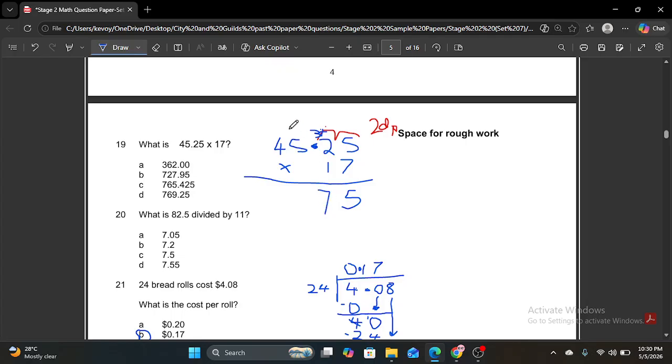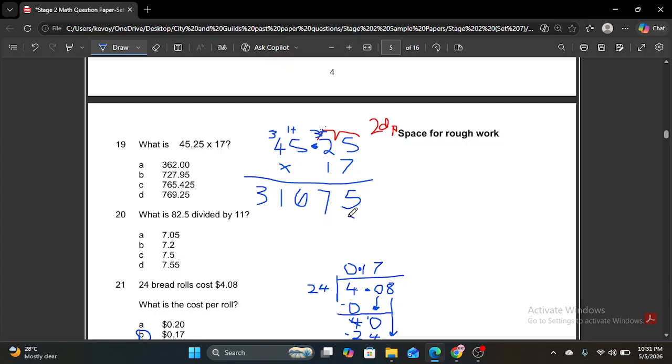So put the 7, carry the 1. 7 times 5 is 35 again, plus 1, that's 36. Put the 3 over here. 7 times 4 is 28. So 28 plus 3, that is 31.